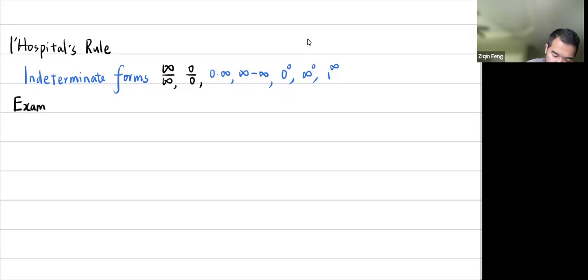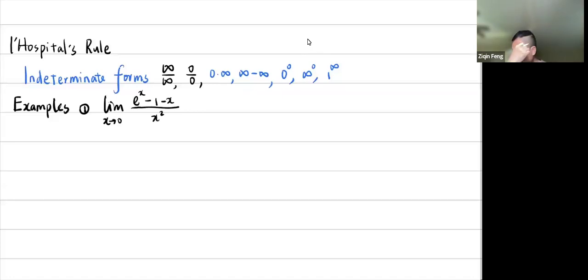Examples. First one is a direct indeterminate quotient, where we are looking for the limit of this function as x goes to 0, (e to x minus 1 minus x) over x squared, right?